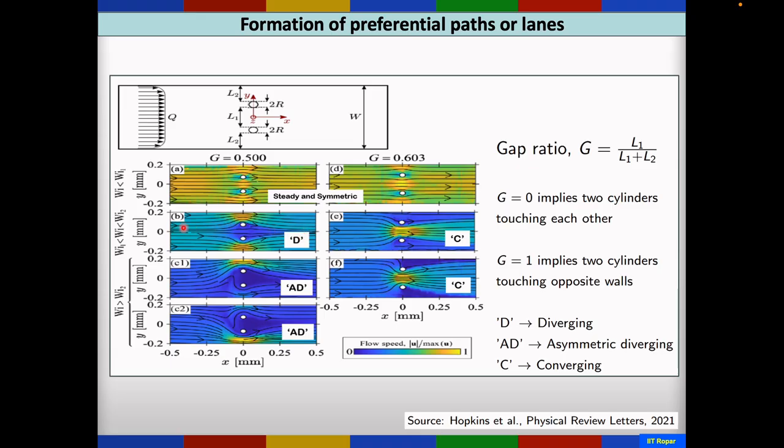When they increase the flow rate further, the fluid is passing through this path only and completely avoiding this path and this path. This is termed the asymmetric diverging state or eddy state.